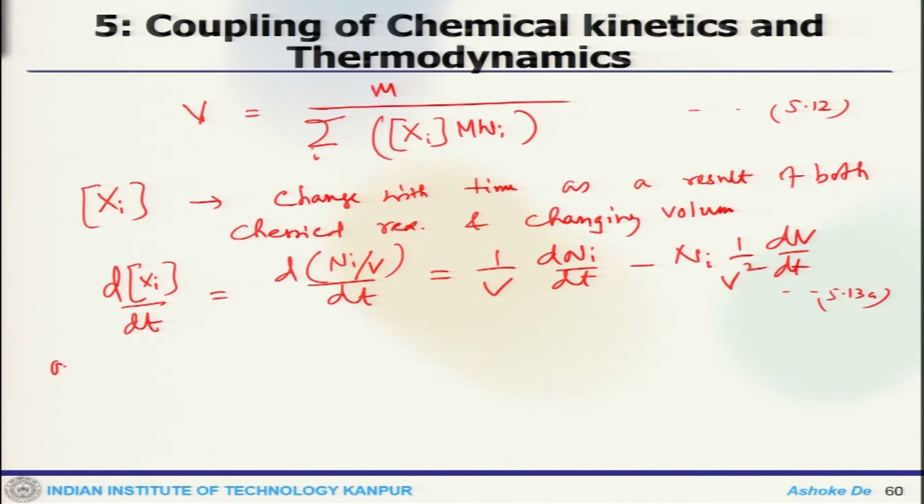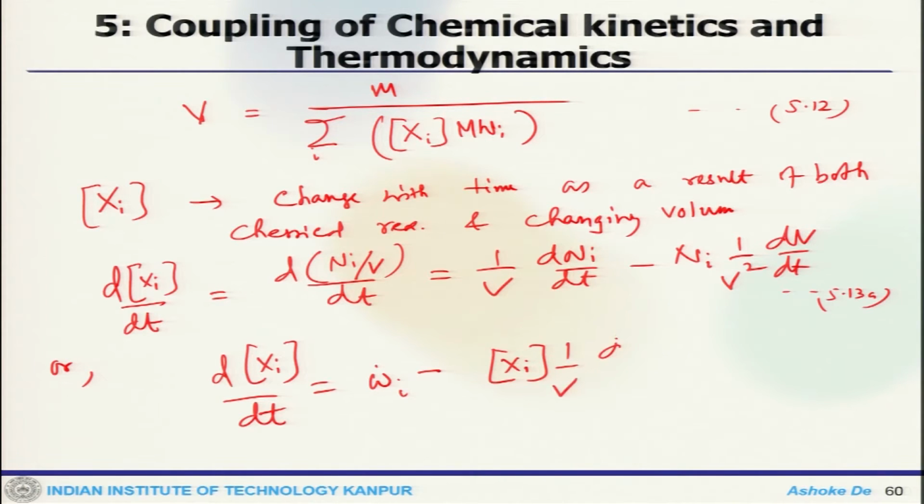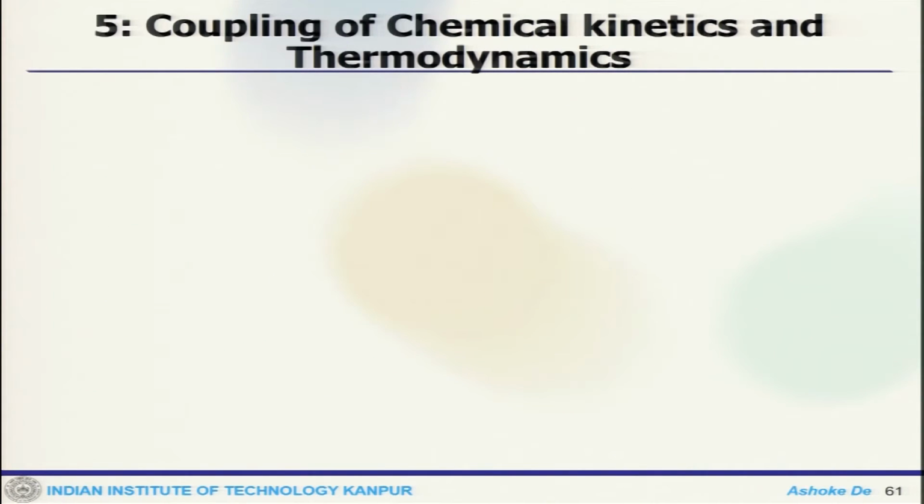Or one can write d x I by dt is omega dot I minus x I 1 by V dV by dt. That is my 13b. Again we use the ideal gas law, which is nothing but PV equals the sum over I of N I R U T. Now, here P is constant.